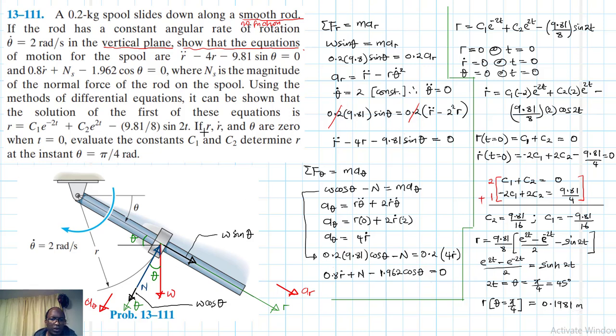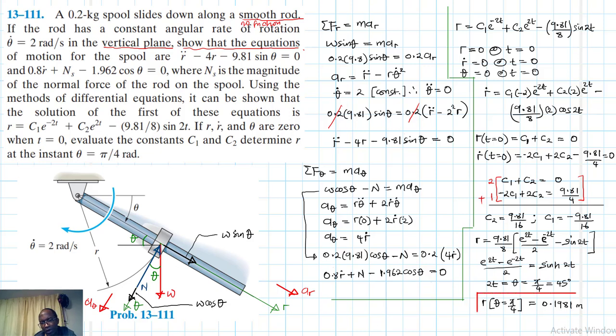So r at the instant theta equal to pi over 4 radians gives us 0.1981.